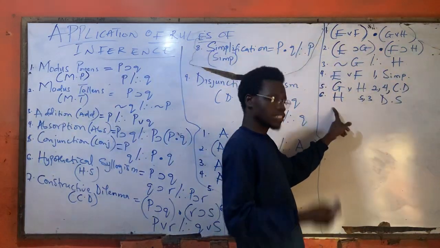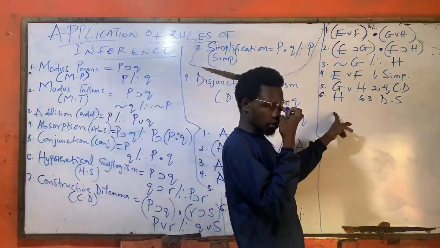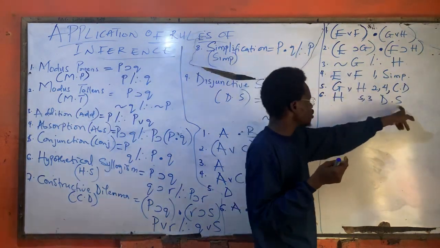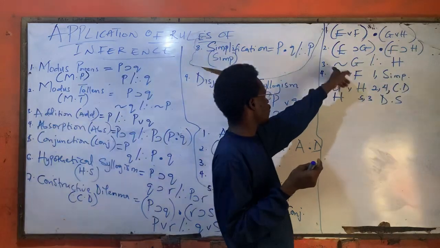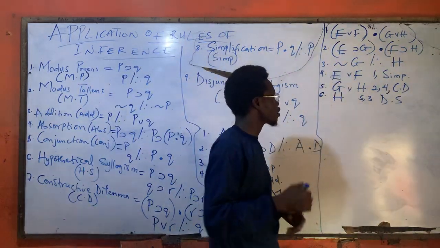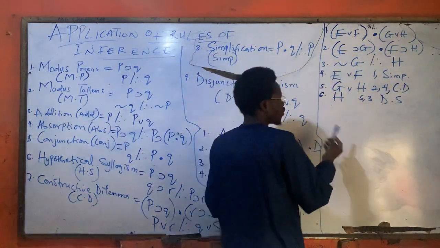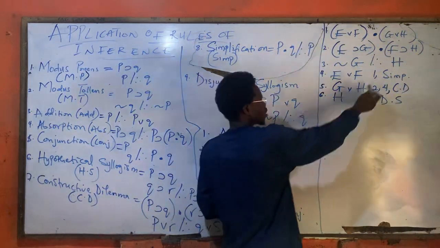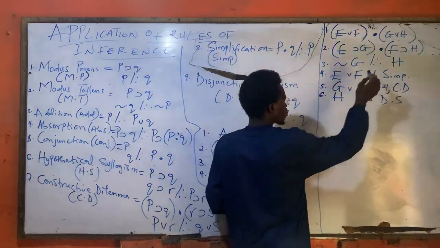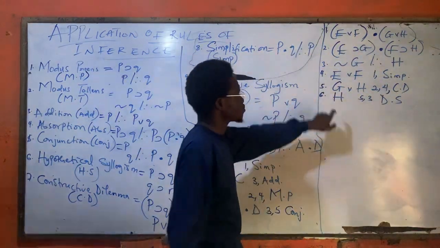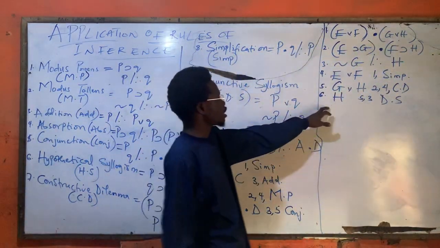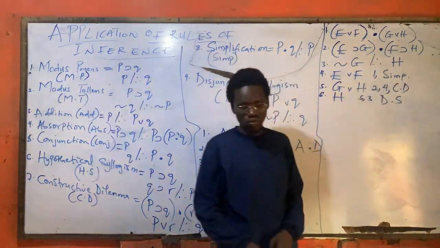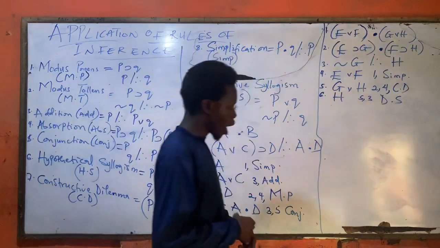Our line 6 uses disjunctive syllogism between line 5 and line 3 to get our final conclusion. You can see that I've touched all the lines: 1, 2, 3, 4, 5, 6. So my line 6 is our final conclusion.